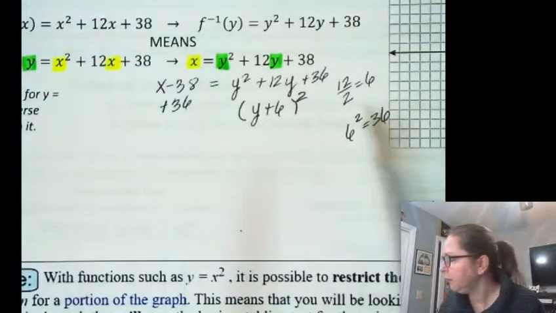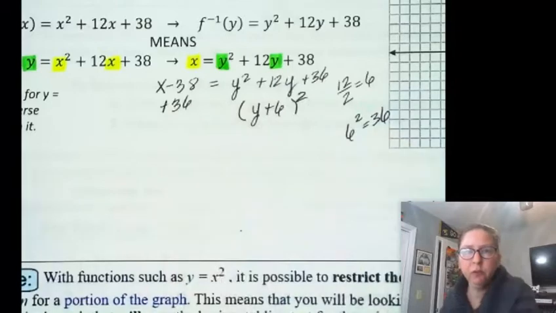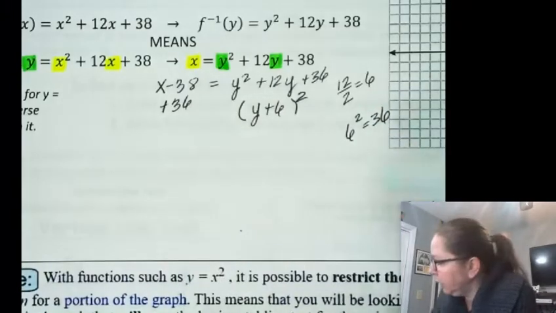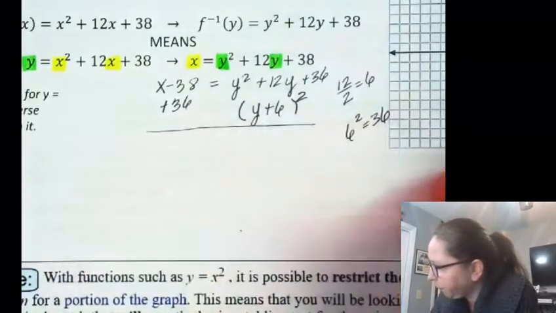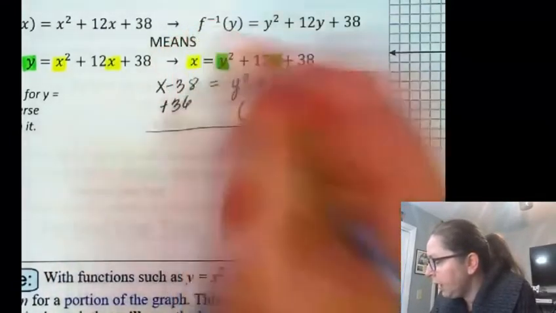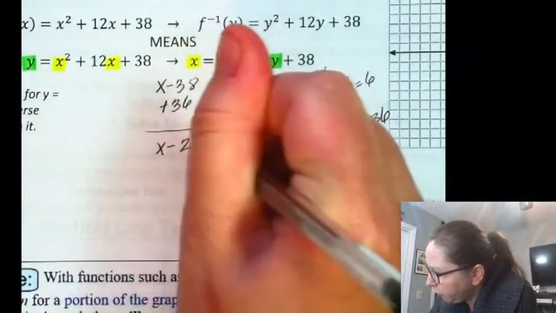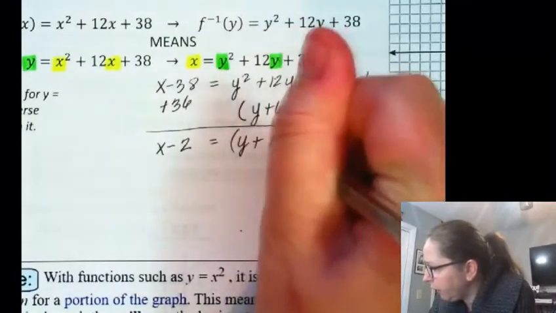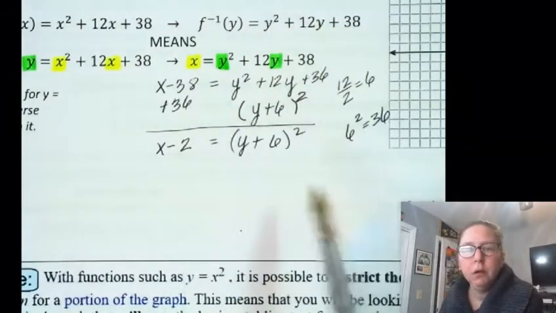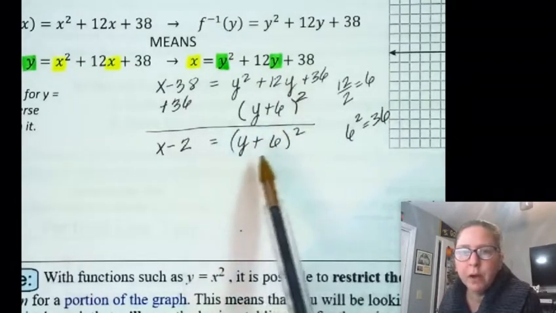Okay, so because I'm adding 36 to this side, I also had to add it to this side, just sort of as a reminder. And so now let's take a look at what we've got. Negative 38 plus 36, I have x minus 2 equals y plus 6 squared. All right, so the only thing left over here is this squared binomial.